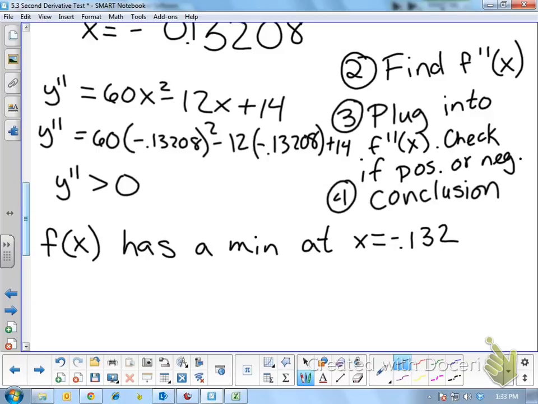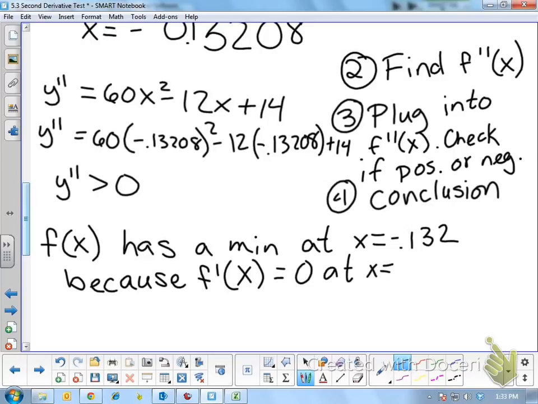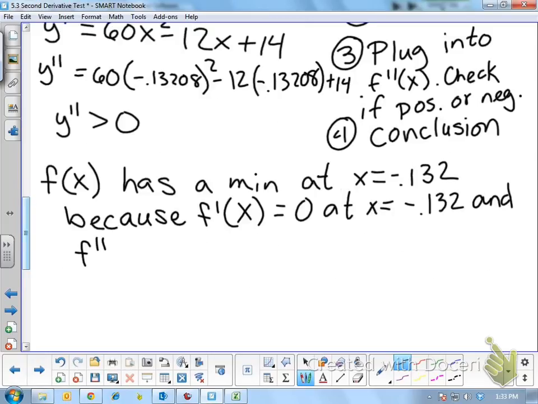And then we need to give some reasoning behind this, because f prime of x equals 0 at x equals negative 0.132, and f double prime of x is greater than 0 at, again, we have to be super specific.